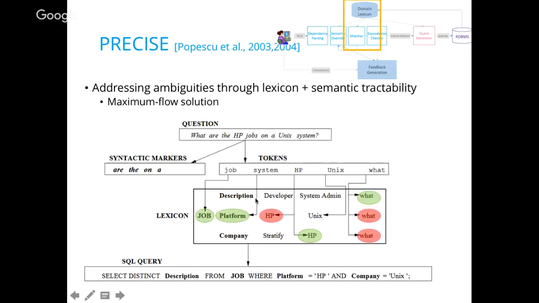By doing this, it allows the system to generate a semantically tractable interpretation and generate a particular query where the two predicates are platform equal to Unix, company equal to HP, and from this table, return the description attribute from the table.